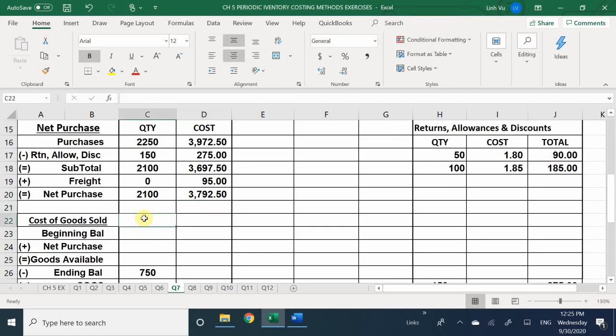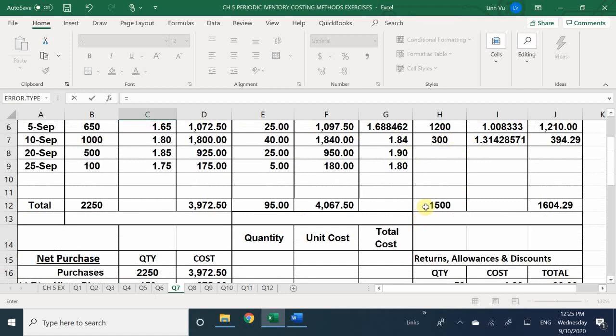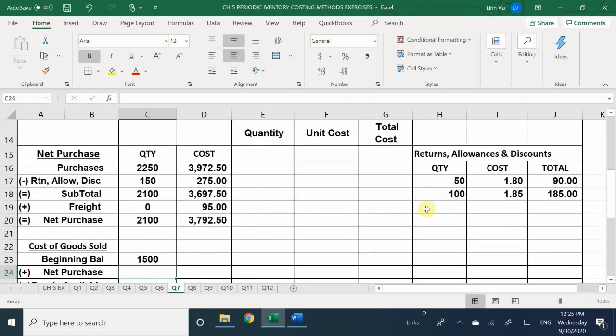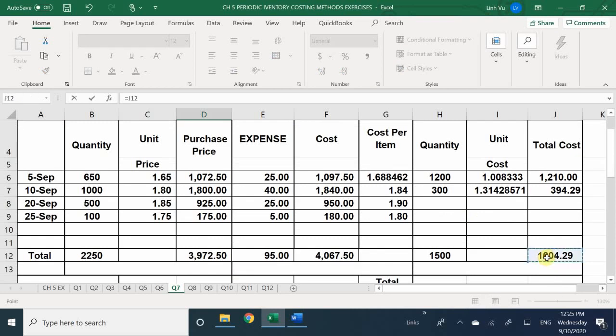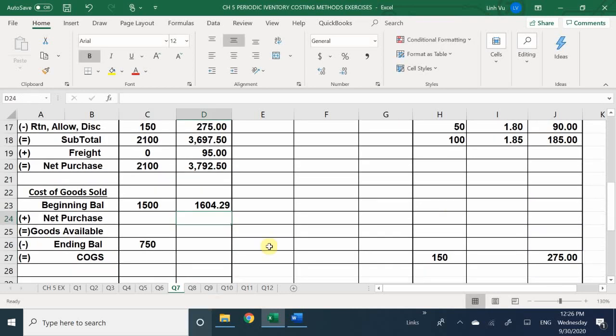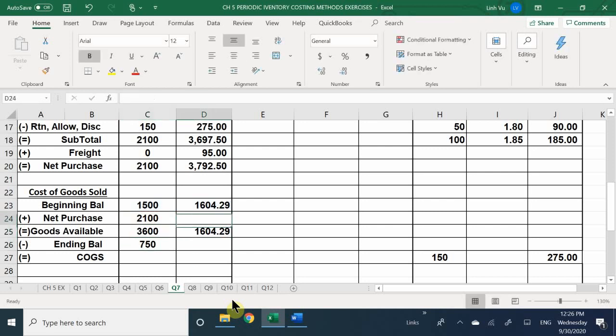All right. Do I have beginning inventory? In this case, yes, I do. I have a total of 1,500, and it cost me a total of $1,604.29. Okay, and in this case, I'm going to add in my net purchases from above to give me a grand total of 3,600 items that are goods available to sell.